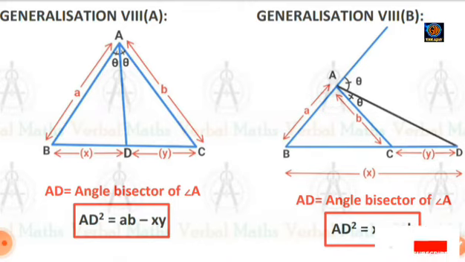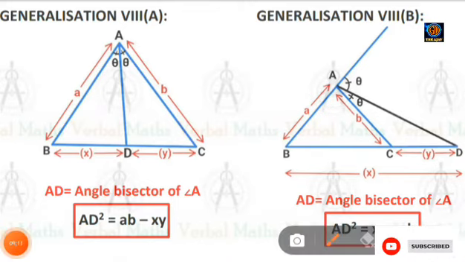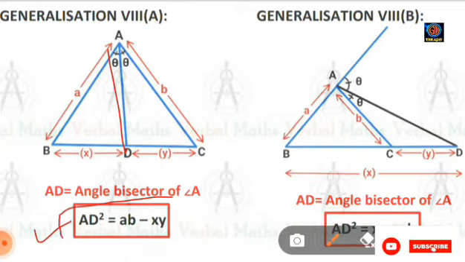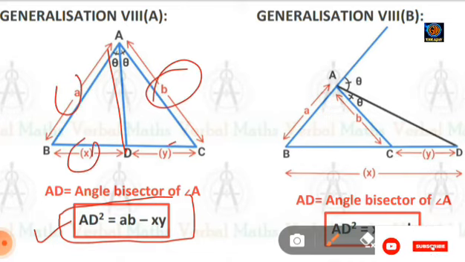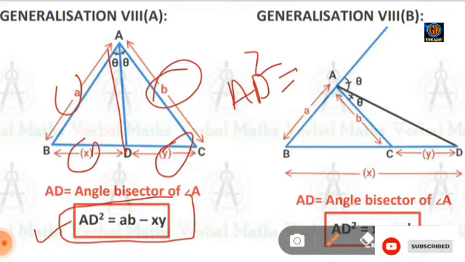Next and important, that is AD square. If we want to find AD square for the internal angle bisector, then AD square is equal to AB times AC minus XY. Now here, for the external bisector, AD square is equal to XY minus AB times AC.